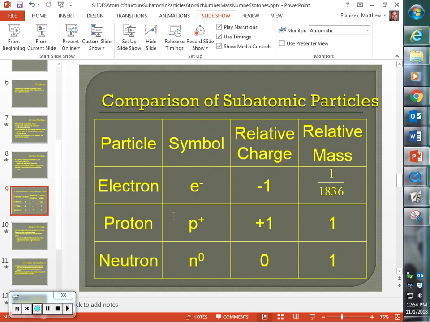So, even though mass appears in the name of mass number, what does the mass number actually tell us? Daniel, go ahead. The sum of the number of protons and the number of neutrons. The mass number is a count. It is not a measurement.